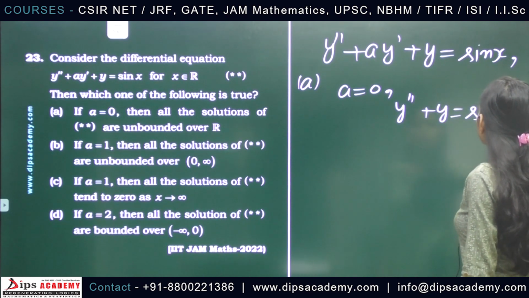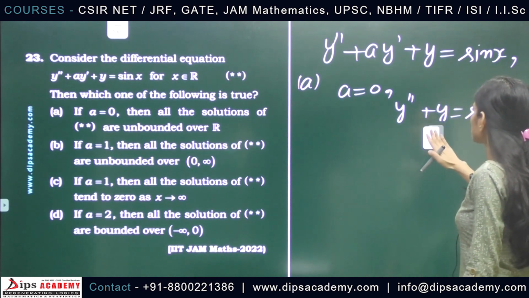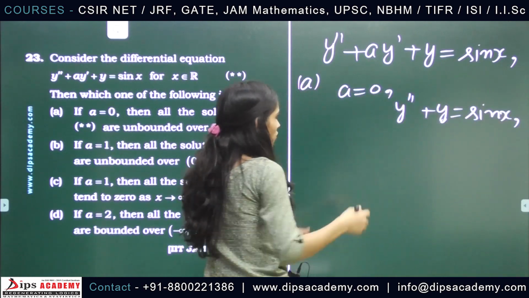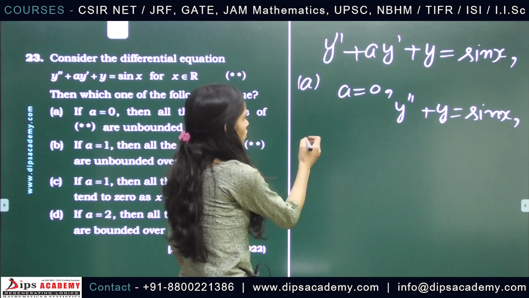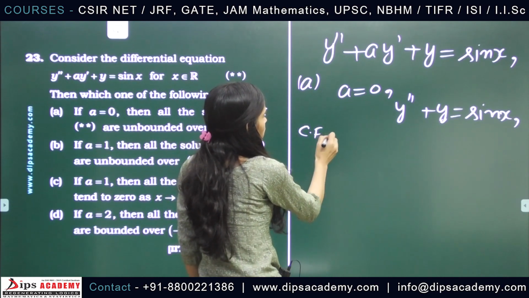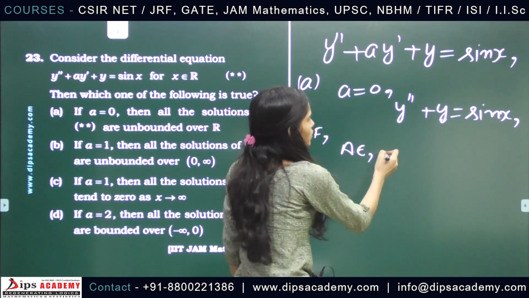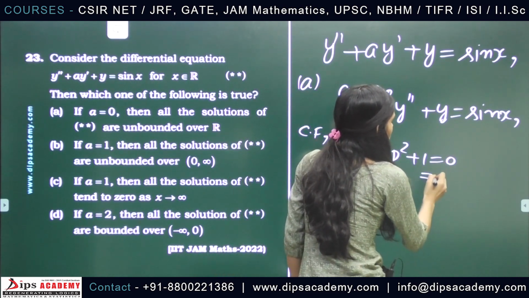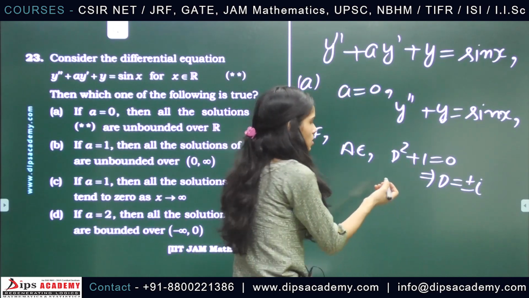Now we will solve this differential equation and discuss the solution conditions. Here we have a non-homogeneous differential equation of second order. We find the complementary function, for which the auxiliary equation is D squared plus 1 equals 0. In that case the roots are plus or minus i.